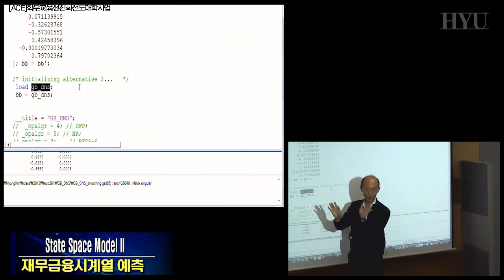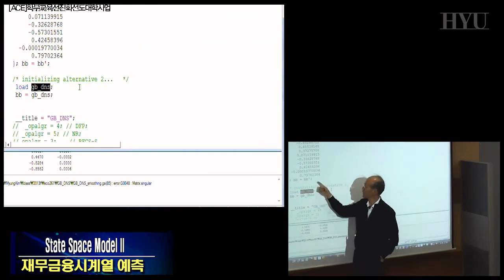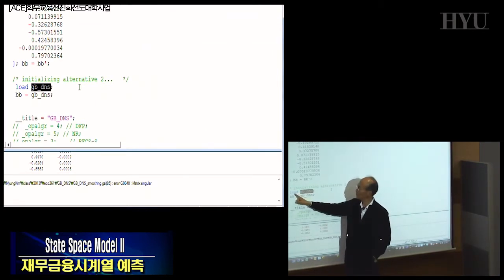But you don't have to worry about it. When you save it, you can load that matrix name, and then put it back.